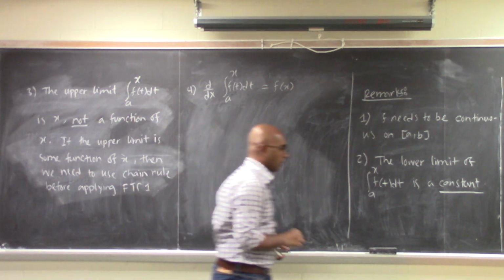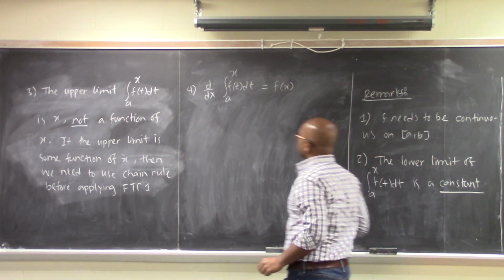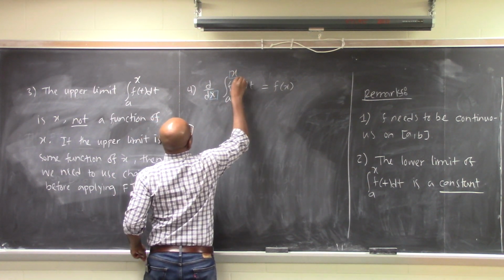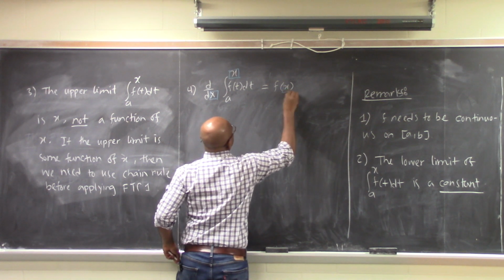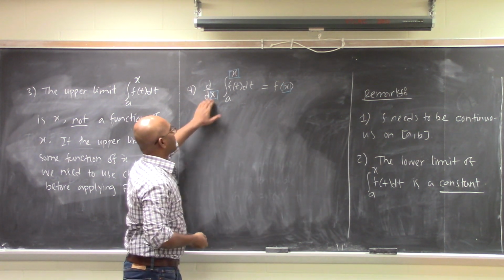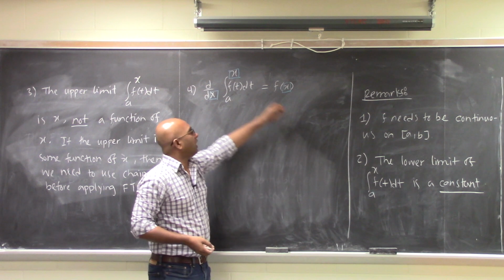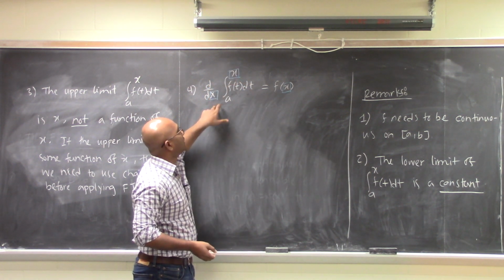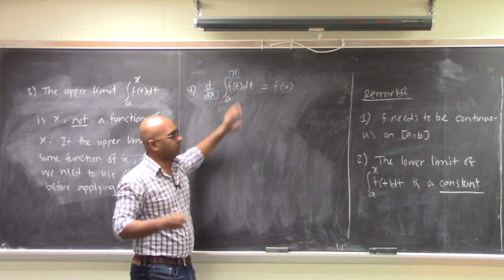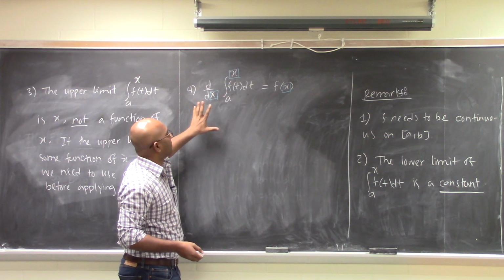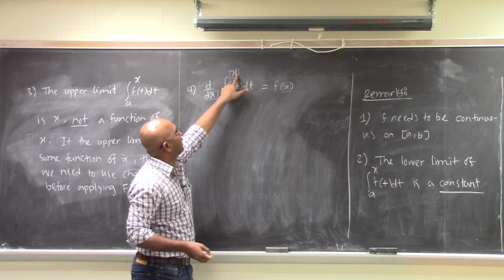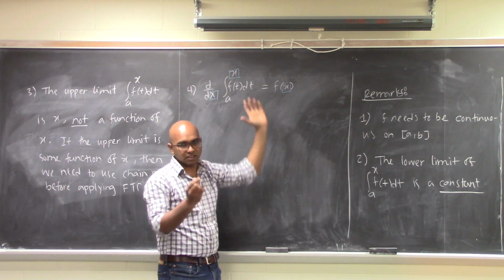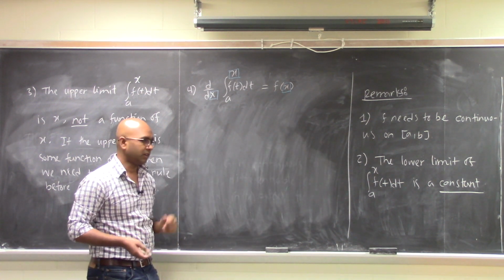Something you should remember all the time: this x, that x, and that x, you need to have x, x, x aligned. If you have something here, say x squared or x cubed or sine x, you need to change that thing. We're going to see examples of that. And whatever you have over there, f will have that variable inside. That's another thing you should notice.